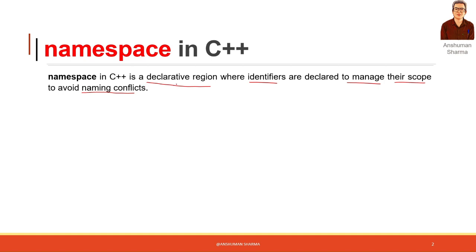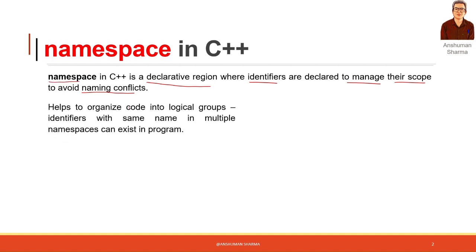If there are multiple variables with the same name, then to manage their scope, we use the concept of namespace. Namespace helps us to organize the code into logical groups, specifically when identifiers have the same name, maybe a variable, a function name, or anything else, and exist in multiple namespaces in a program.